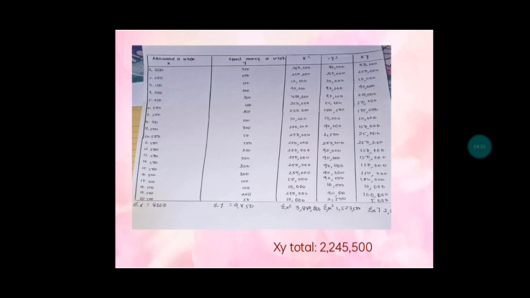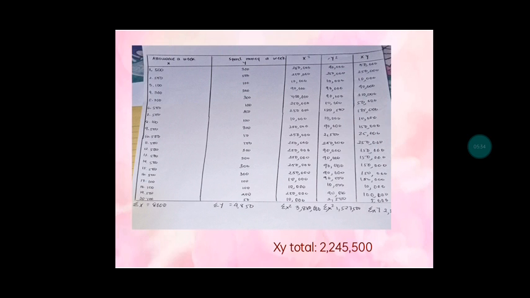Then 100 times 10,000 is equal to 10,000, and 500 times 250,000 is 40,000. Then the last is 100 times 10,000 is 200,500. So the total of Y squared is 1,527,500.